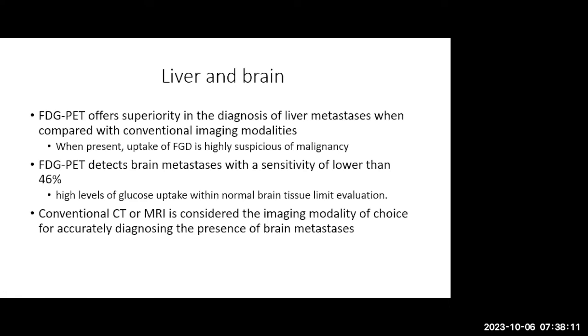So if you're looking for a hotspot within a hot background, it could be impossible to detect. So the sensitivity is very low, in the 40s. Conventional CT or MRI is still considered the imaging modality of choice for diagnosing the presence of brain metastasis.